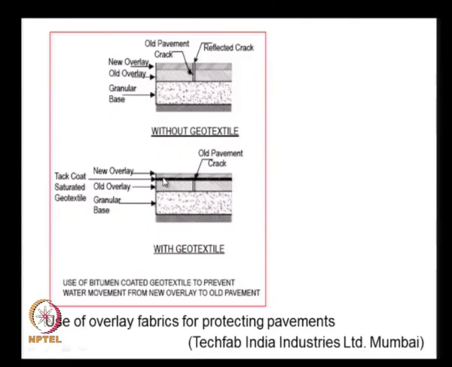Now let us say that at the interface of the old pavement and the new pavement we introduce some obstruction in the form of geotextile or a glass grid, or we have several varieties of products that we can use. Here in this particular example they have used a geotextile that is saturated with the tack coat.